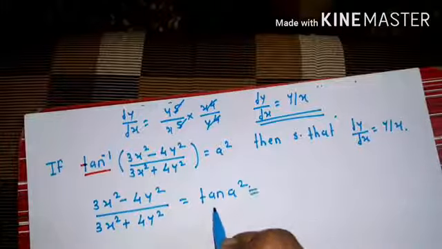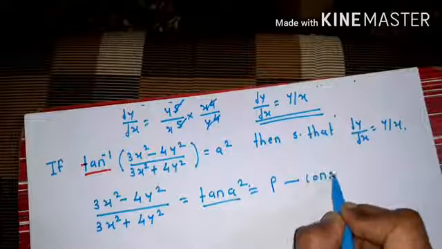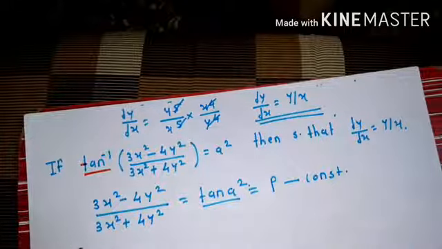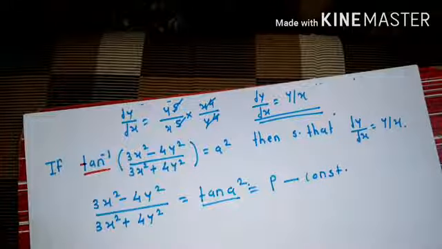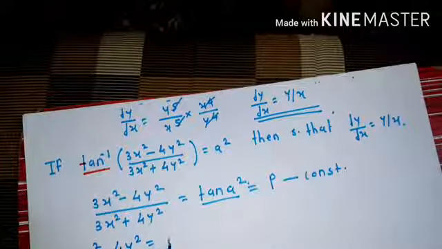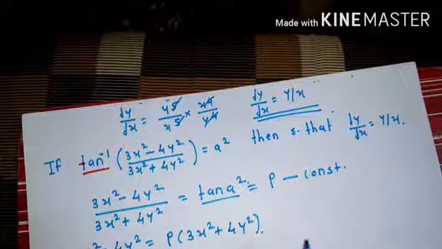And tan of a² is constant. Suppose p is the constant number. So 3x² − 4y² equal to p into (3x² + 4y²).